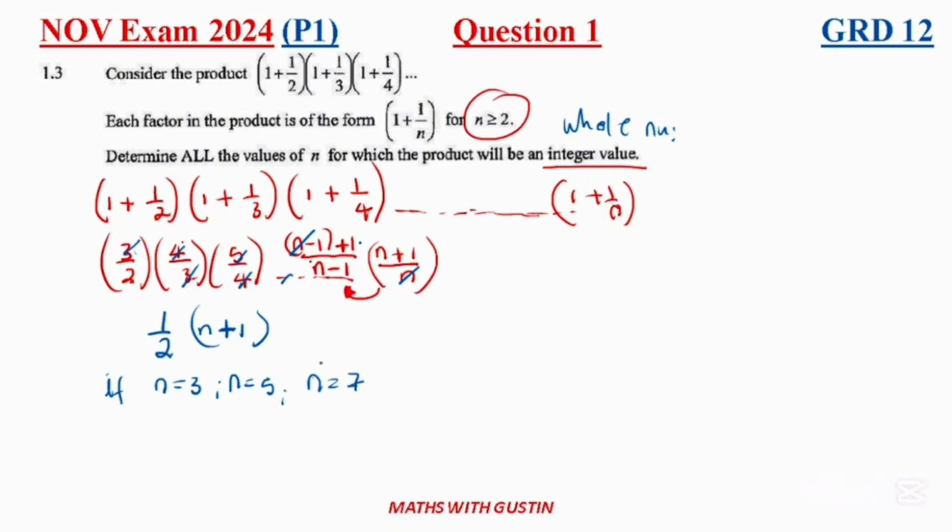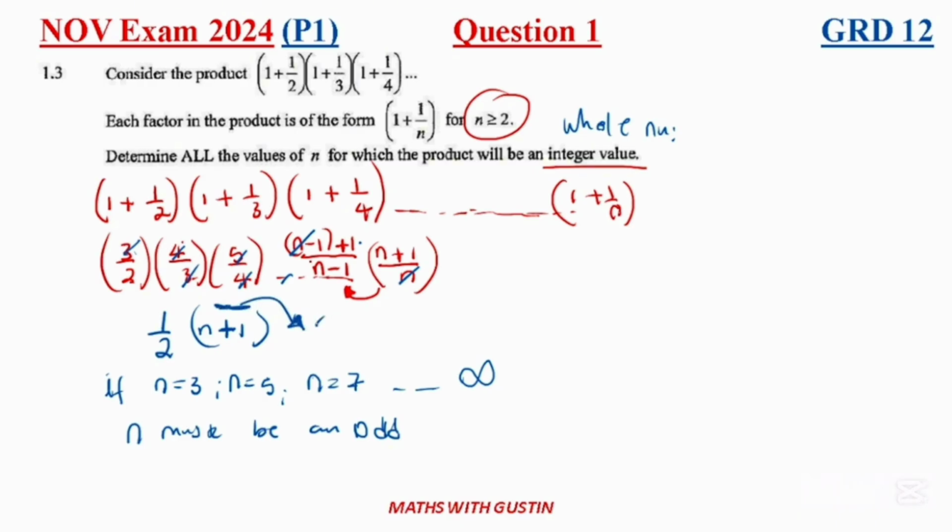So therefore, in order for this to pass up until infinity, n must be an odd number. So n can be any value, but it needs to be an odd number. Therefore this will make the product an even number.